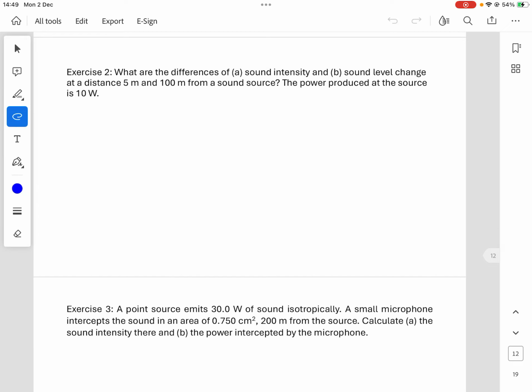You know that I is P over 4 pi r squared. If we define R1 equal to 5 meters and R2 equal to 100 meters, we can say that I1 divided by I2 equals R2 squared divided by R1 squared, right?